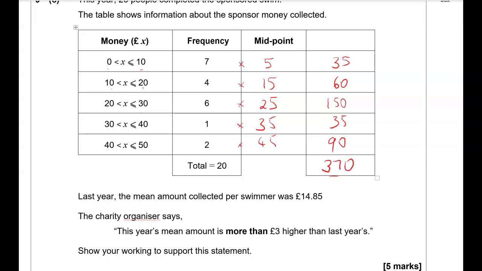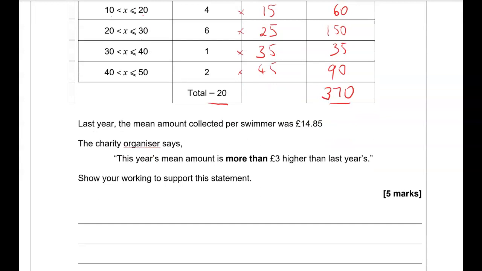So dividing that now by the total frequency, which is 20. So 370 divided by 20 gives us 18.5. So that is £18.50, this year's mean amount.